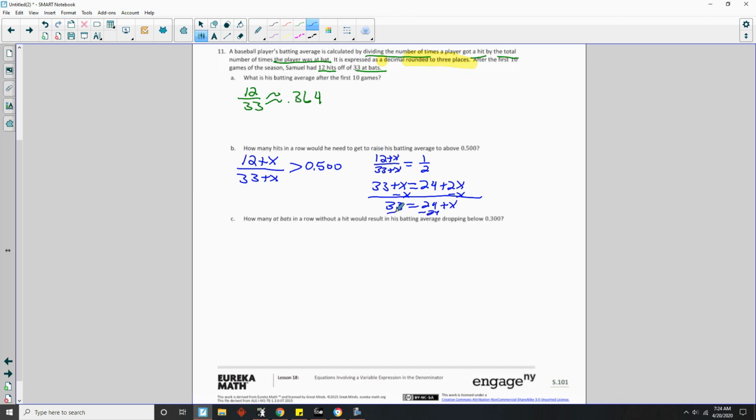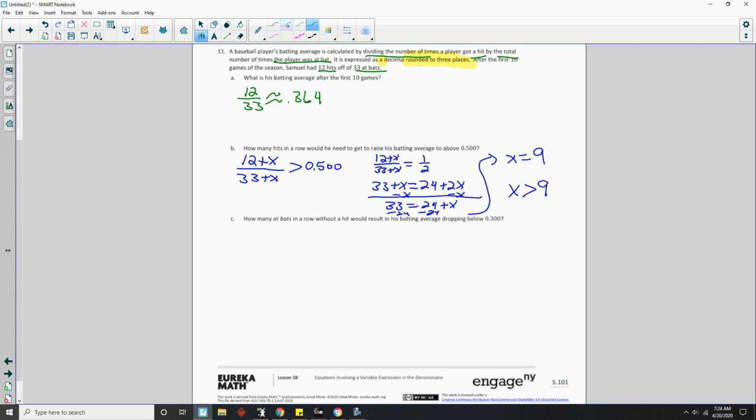Subtract 24 from both sides, and I ran out of room. x is going to equal 33 minus 24, which is 9. So my answer is x is greater than 9. So he would need 10 hits in a row to be above 500. You could write that: he would need 10 hits in a row to get above 500.